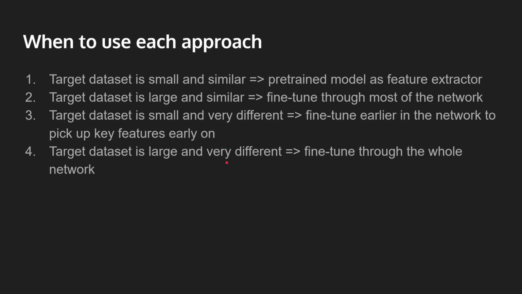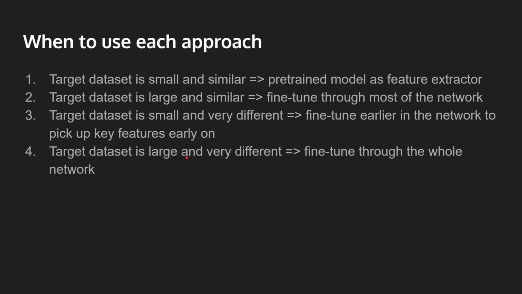All right. And if our target data set is large and very different, then we might want to fine-tune through the whole network, right? Since the data set is large, we might want to retrain the entire network. However, remember that it is still very helpful to initialize weights from a pre-trained model so we don't have to randomize the weights, right?